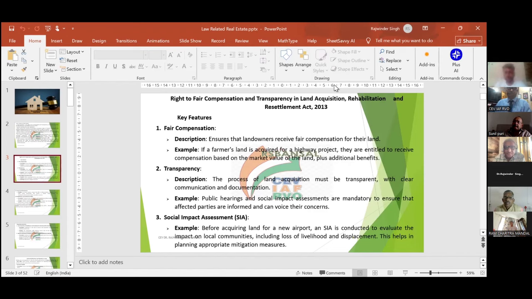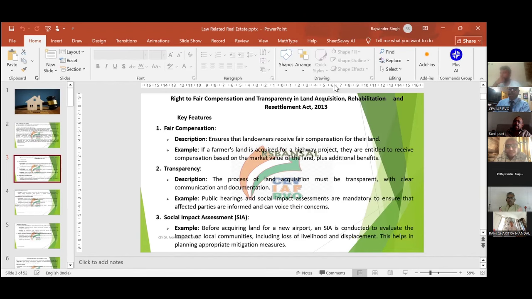The most important thing is social impact assessment. Whenever a project is to be started by the government and land has to be acquired for that purpose, a social impact assessment of the project is done by the competent authorities, which was not there in the old act. And another thing is that every person, every owner, has a right to be heard.